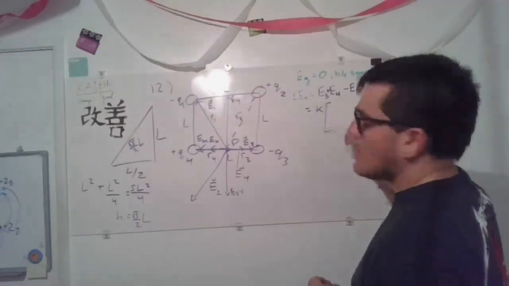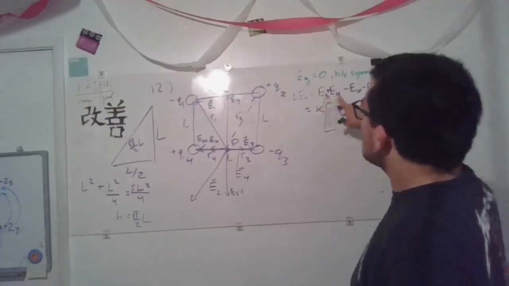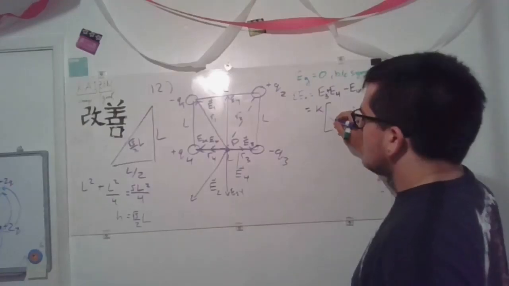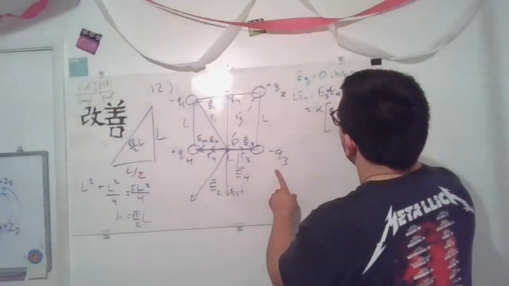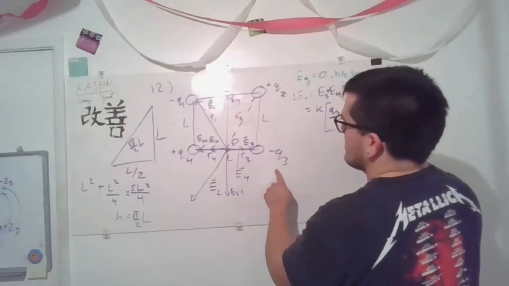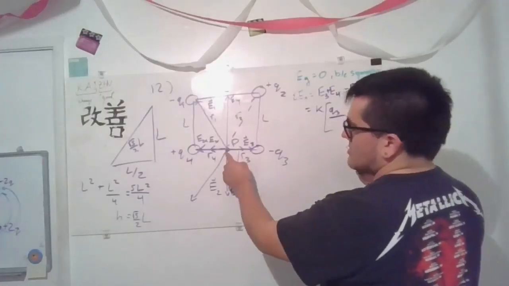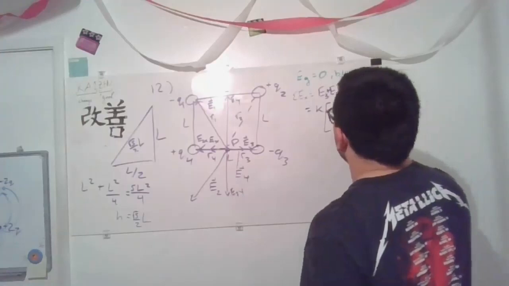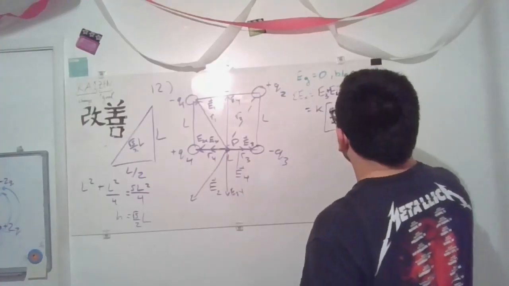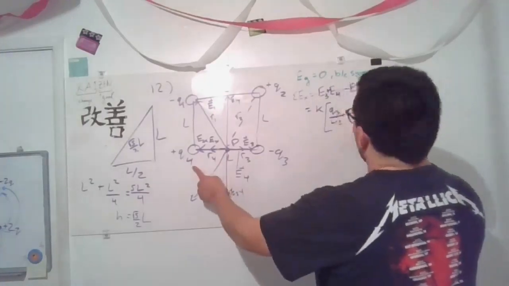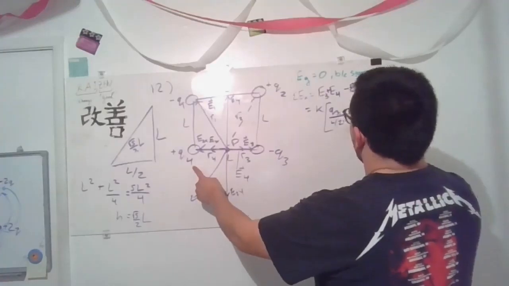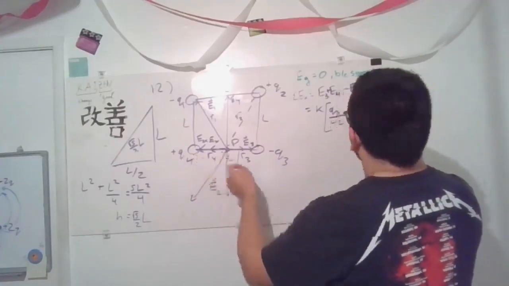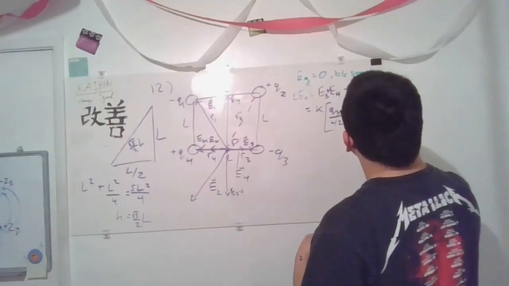So let's just factor out K and go from there. E3 and E4. It's going to be Q3 over the distance from Q3 to the point P, which is L by 2, plus Q4 over the distance L by 2.